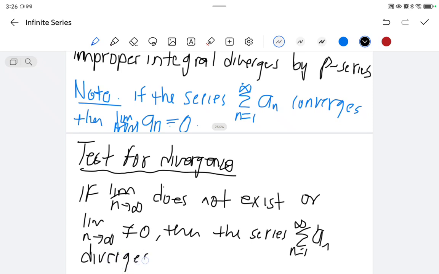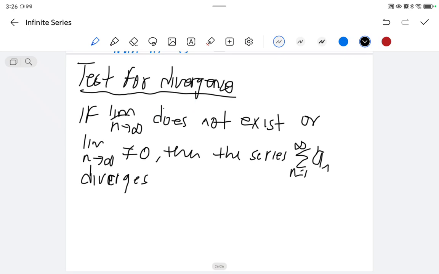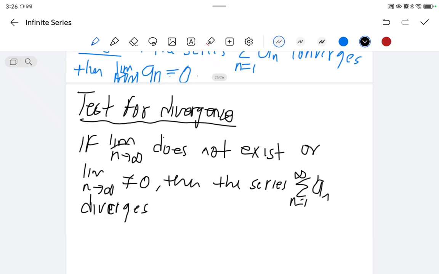I'm just writing the definition because they can define it. From sequences we had these theorems.